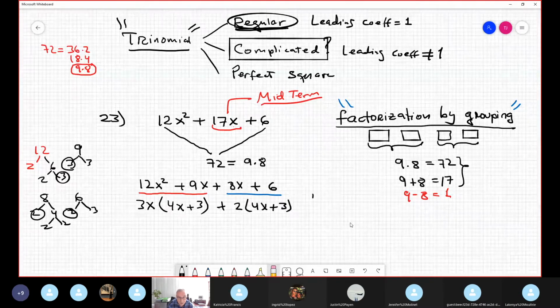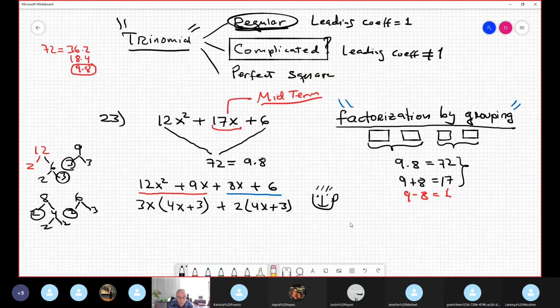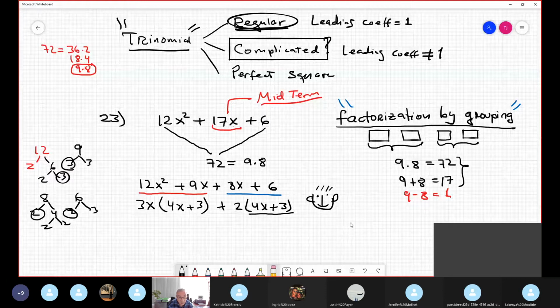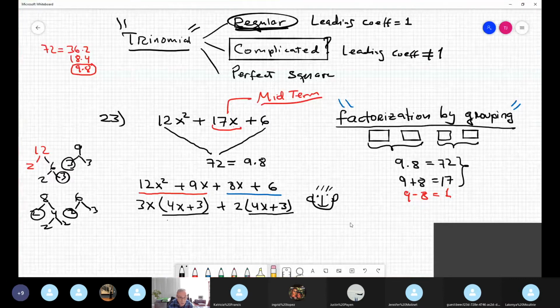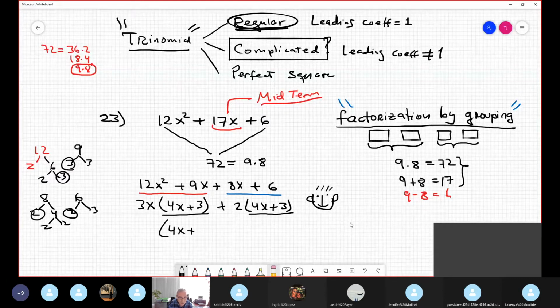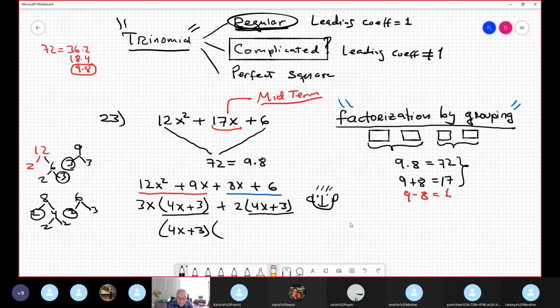Okay. In this moment, look at my face. This is my face. I am happy. Why am I happy? Because the factor 4x plus 3 is the common factor. I factor out one more time. I open a parenthesis, and the last parenthesis stays 3x and these 2. End of the story.